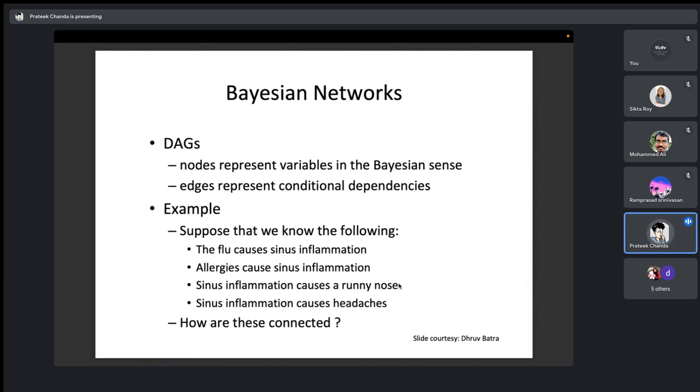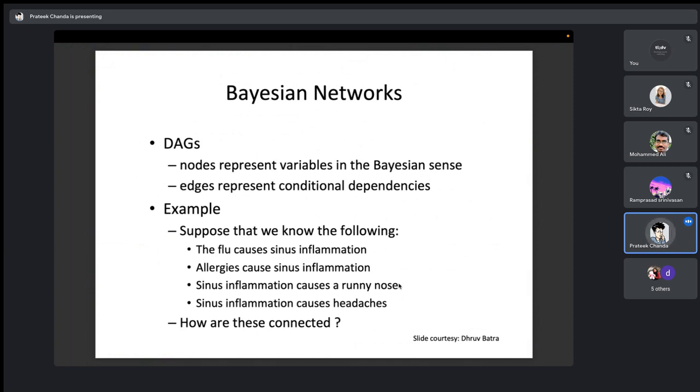So let's discuss at a high level what Bayesian networks are. Bayesian networks are basically DAGs, or directed acyclic graphs, as I mentioned. So it's basically a directed graph, but it shouldn't have any directed cyclic paths. What do the nodes represent?